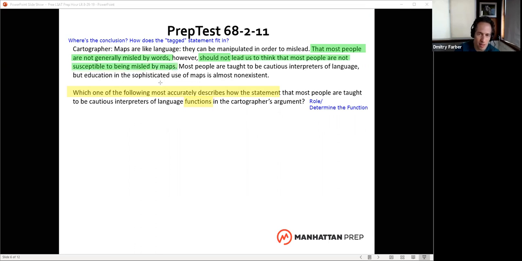Now, what, right? What does that mean? They're saying, one way you can think about it is that there's almost like a counter premise, right? Sure, we don't generally get misled by words.